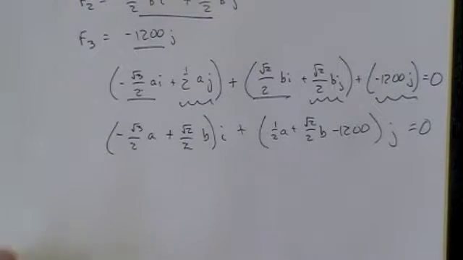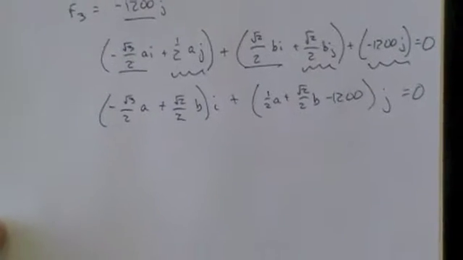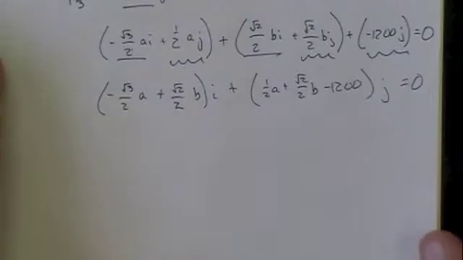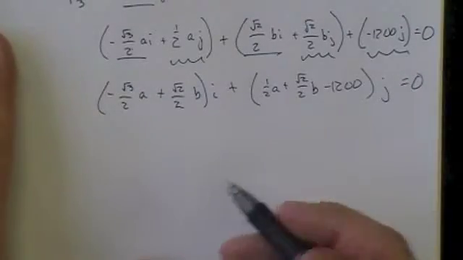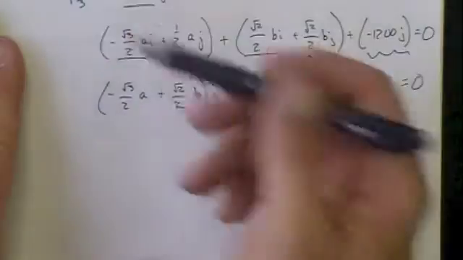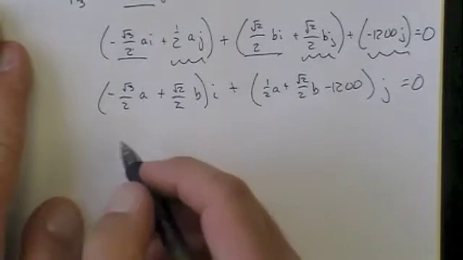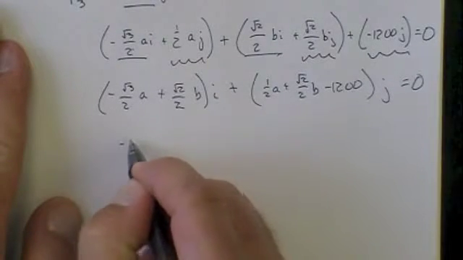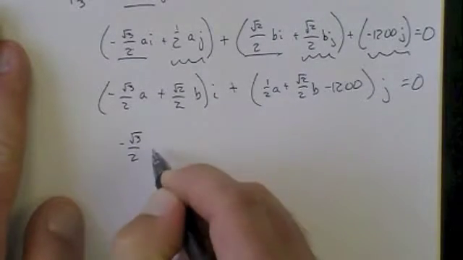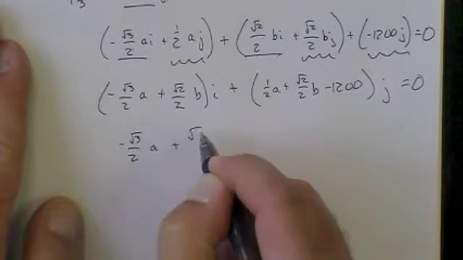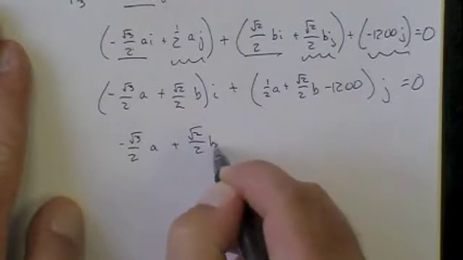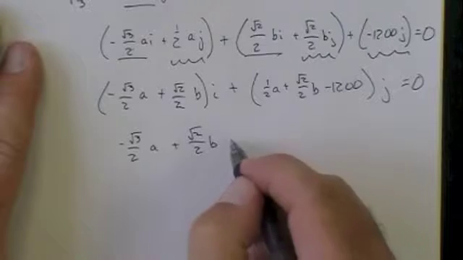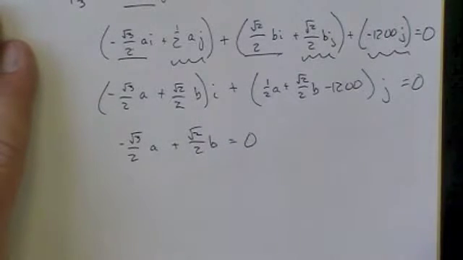So now from this point, what we need to try and do is we have two equations and two unknowns. And so we're going to solve for one in terms of the other and plug that back in to figure out what our force is for force 1 and force 2. So if we take our negative square root of 3 over 2 a, taking our i component, we're going to say that that's equal to 0.